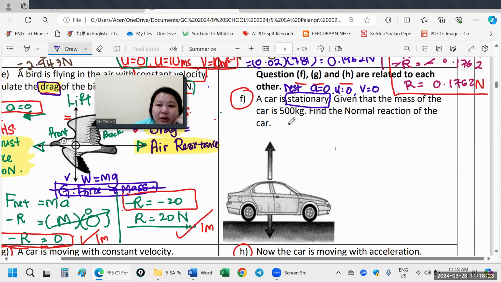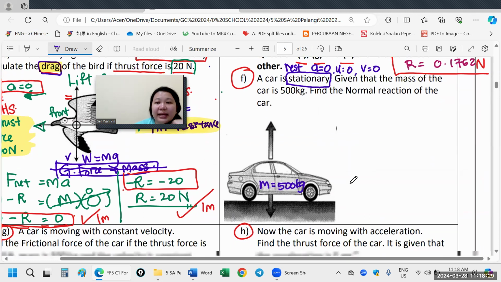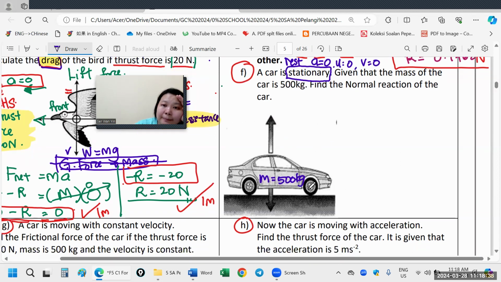Given the mass of the car is 500 kg, find the normal reaction of the car. Now, can you please label a pair of forces here? They show you the direction already.